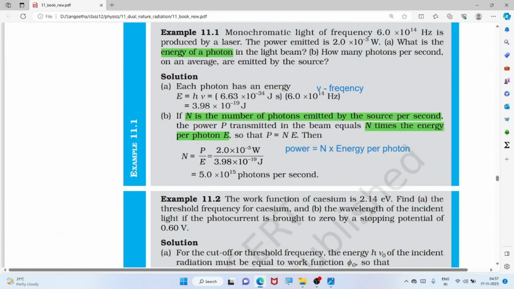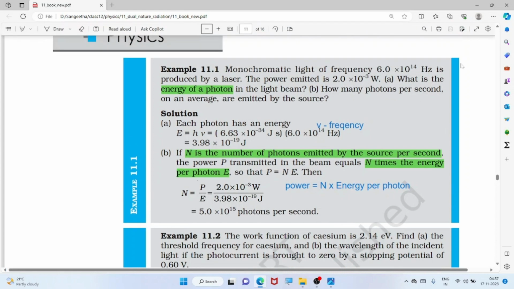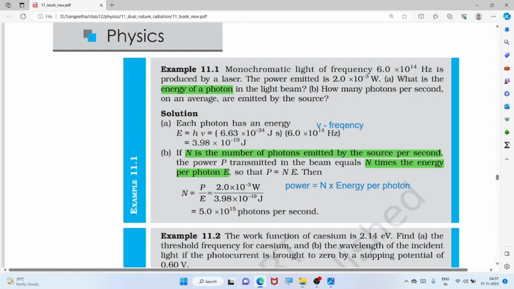A monochromatic light of a given frequency is incident, and the power is given. What is the energy of the photon? E equal to hν, h is Planck's constant, ν is the frequency. Frequency is given for the incident light, so this is the energy of the photon.